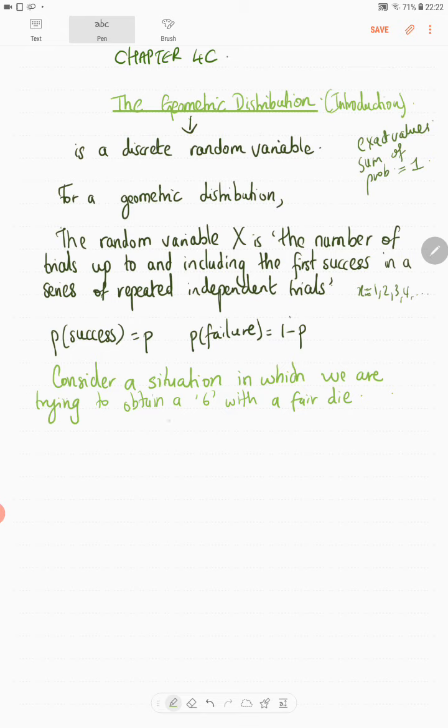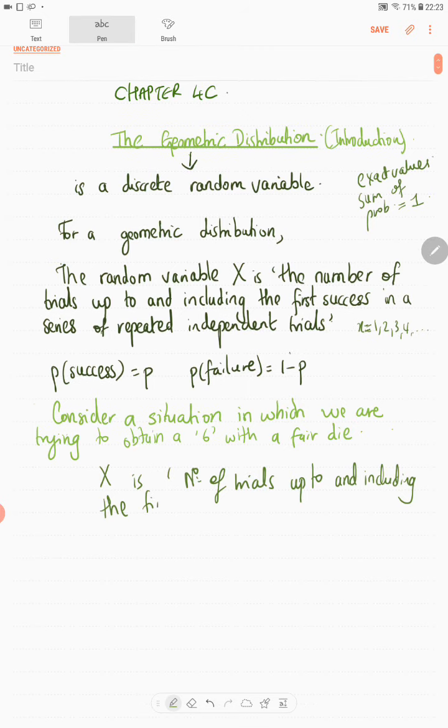So let's now consider a situation in which we are trying to obtain a 6 with a fair die. So x is the number of trials up to and including the first 6 obtained.